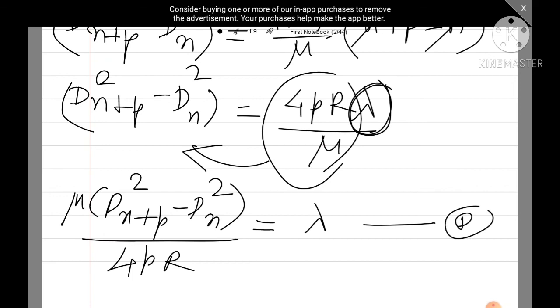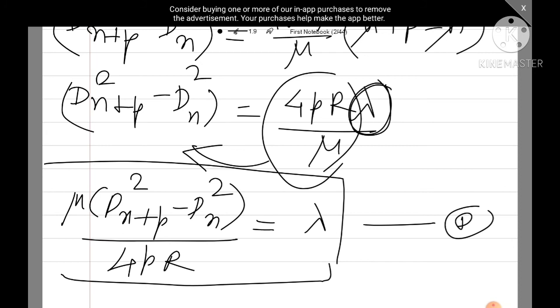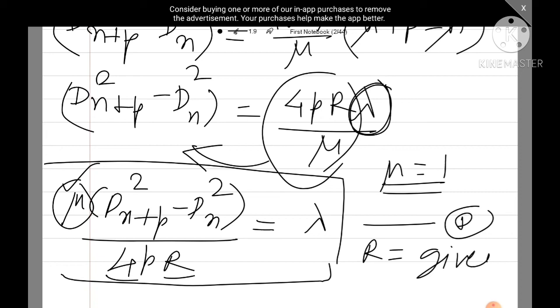So by this equation let's see how we can find the wavelength. In this equation, mu is constant, and in case of air its value will be 1. Now 4 is constant, and r, the radius of curvature, will be given.